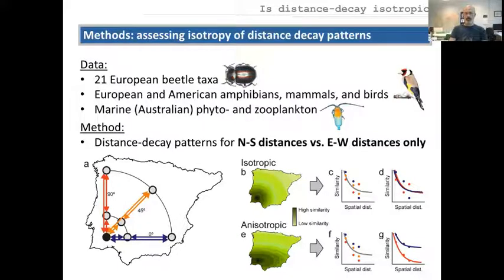Here, it's depicted that in the north-south direction turnover is much faster than in the east-west direction.